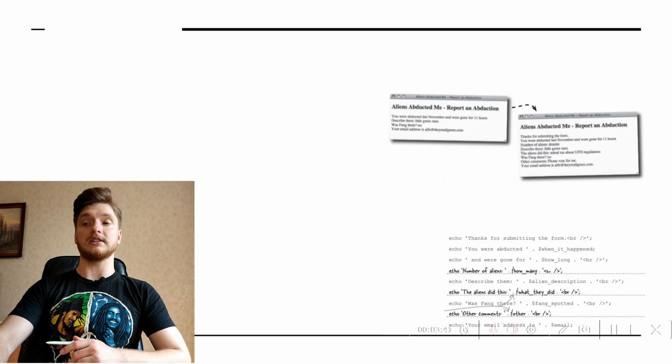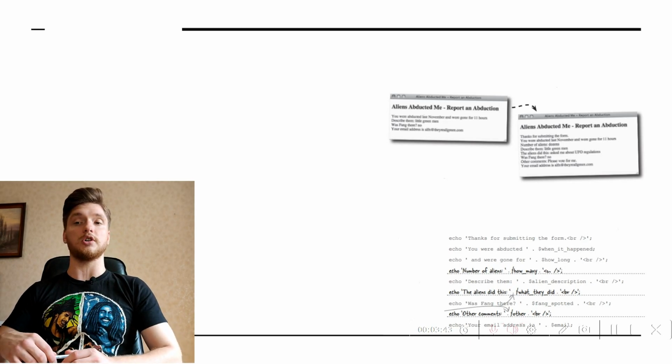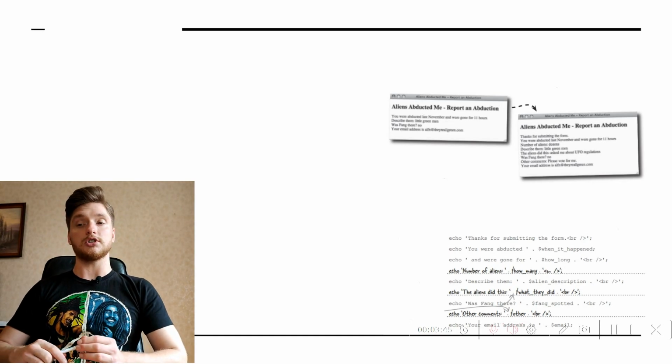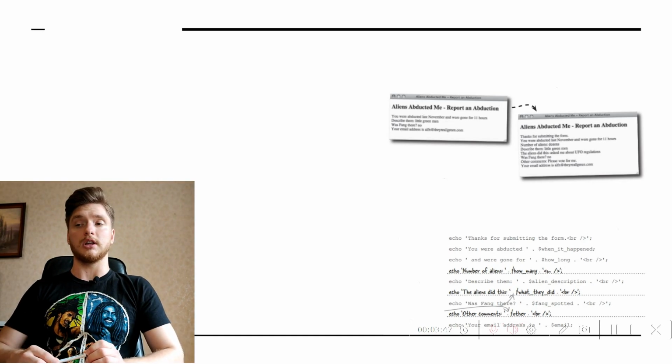Okay. So how exactly does the server turn PHP code into HTML and CSS code? First off, remember that by default the code in a PHP script is assumed to be HTML code.